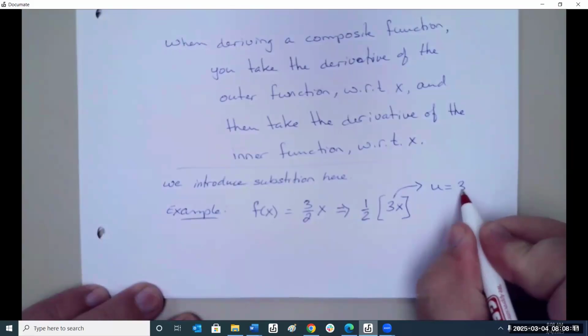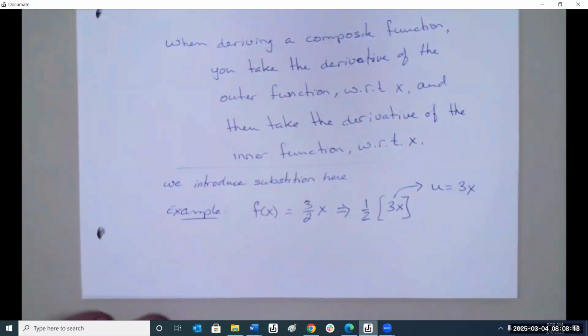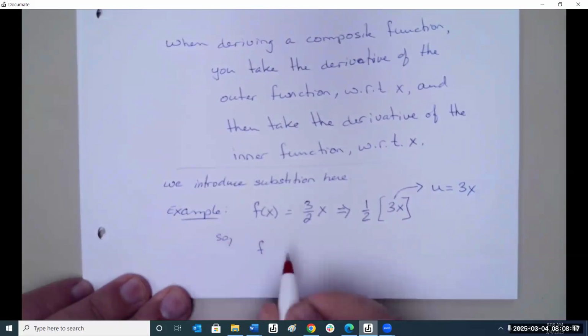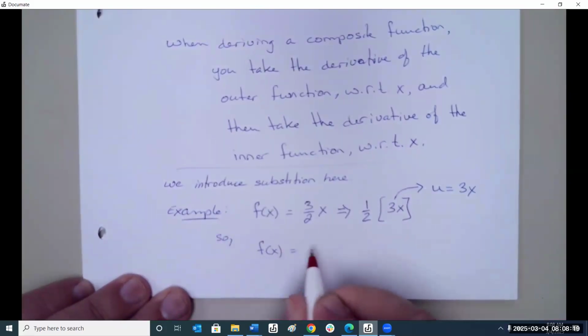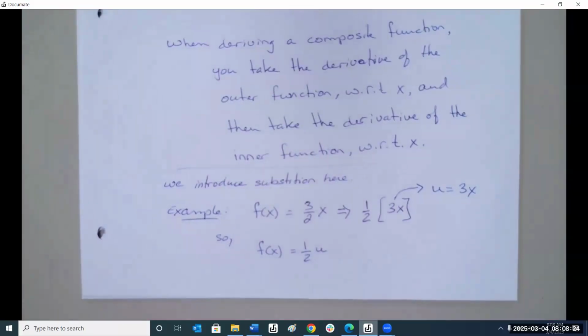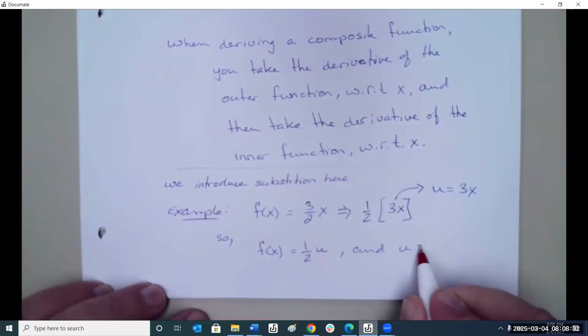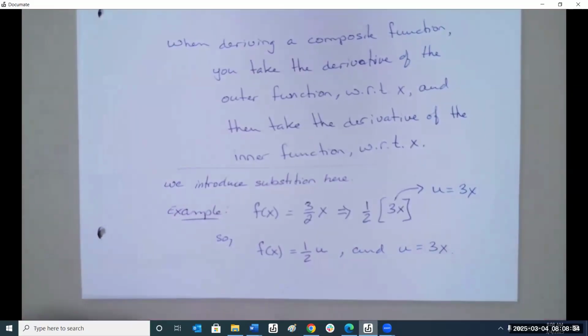I'll say u equals 3x. So my function now looks like this: 1 over 2u. And remember, u is equal to 3x.